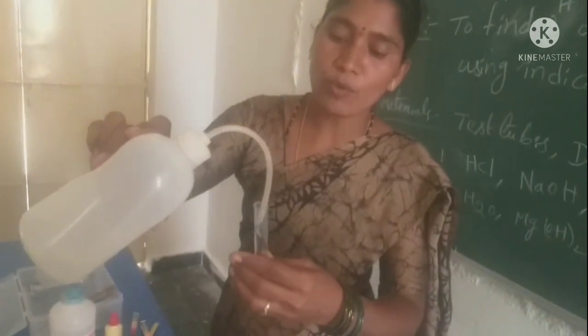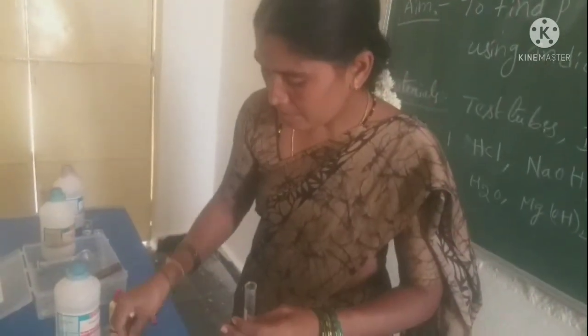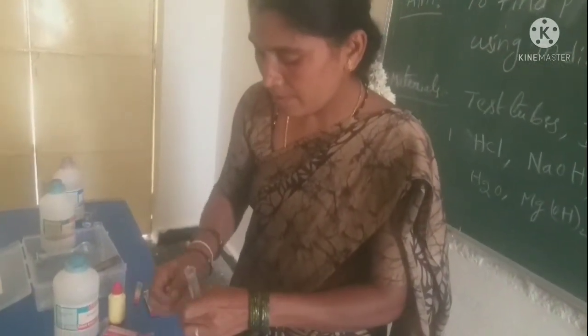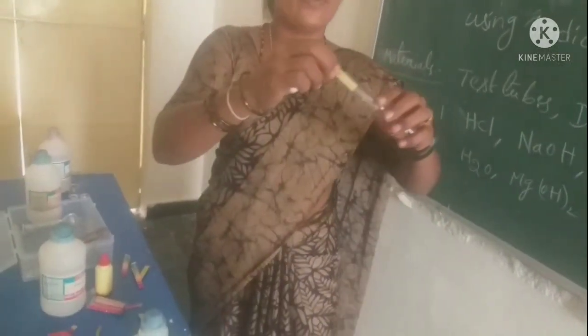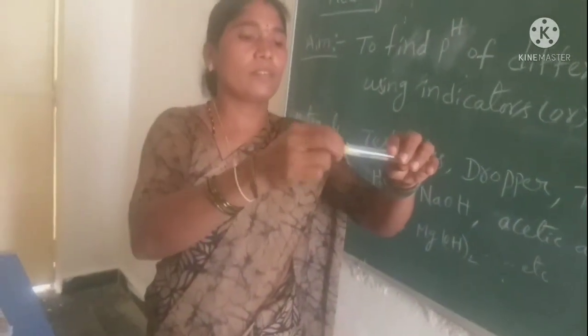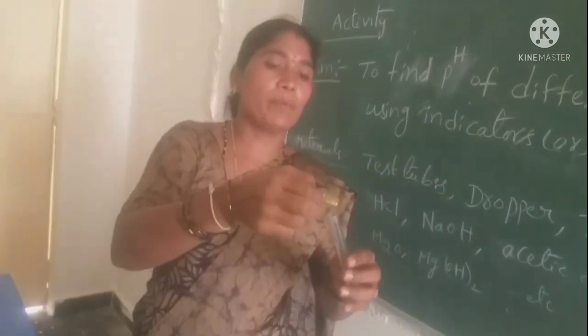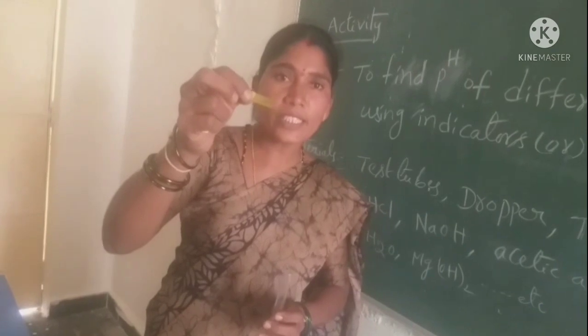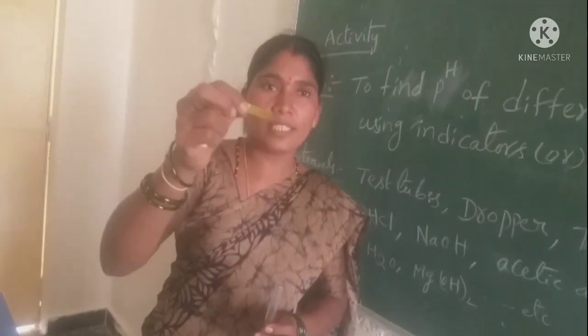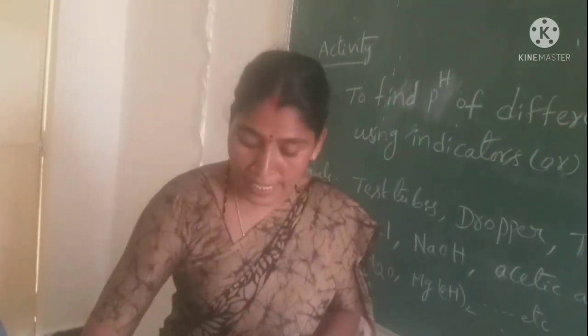Next, we take water. We use distilled water. All of you observe. Dip the universal paper in water. Any change? No. This is neutral, colorless.